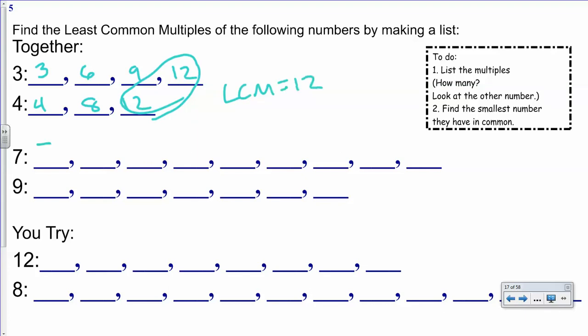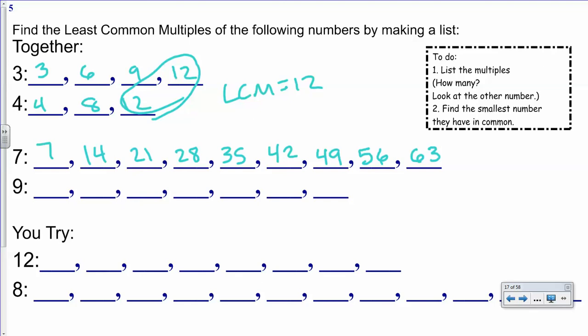Let's do 7 and 9. So I've got 7, 14, 7 times 3, 7 times 4, 7 times 5, 7 times 6, 7 times 7, 7 times 8, 7 times 9. Okay.